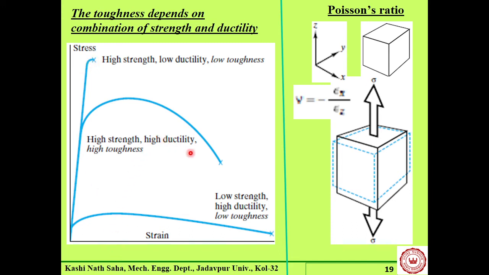But for a highly ductile material like this, their strength is not that much, but it is very difficult to break them by dropping them, or by some nature of impact force. So these are some of the material natures of stress-strain diagrams for different materials.